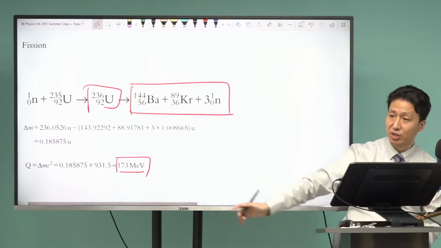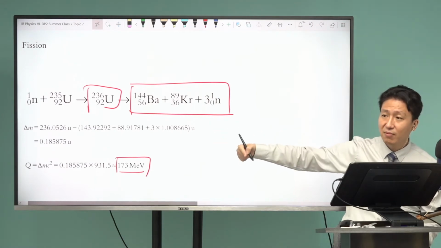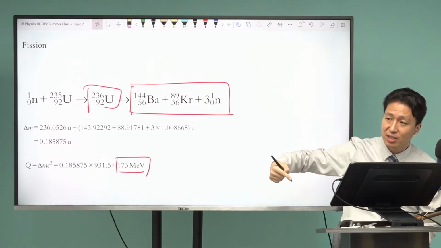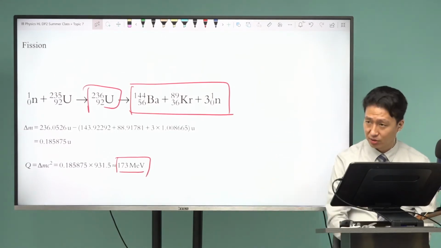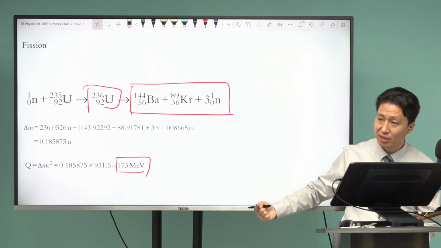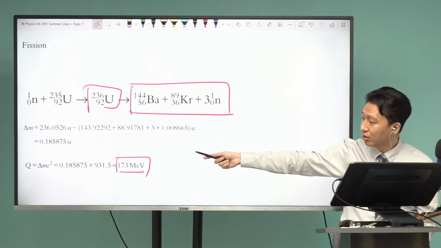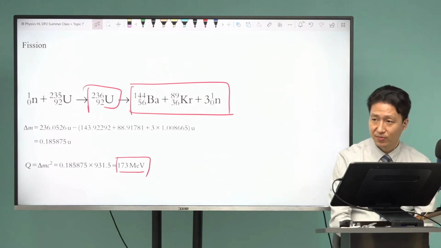So this is one way to do this. If you did the same process using binding energies instead, you would get the same result, right? Because mass difference is the same as the binding energies. Using the same process with binding energies gives you the same result of 173 mega electron volts.